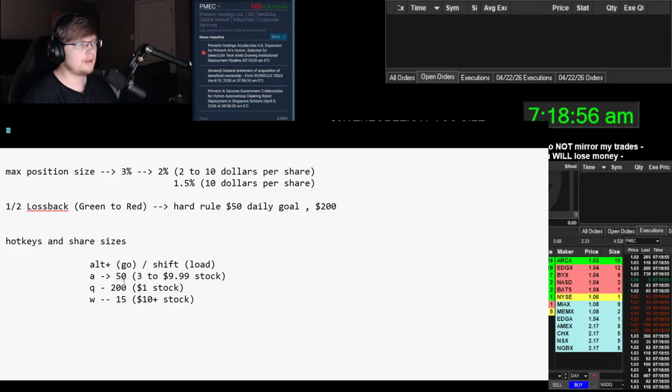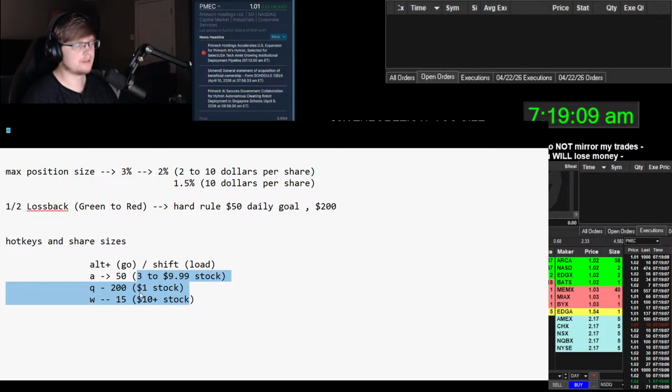So $2 stocks don't often go up 50 cents or 40 cents. Usually they still go up only like 20 to 25 cents. So your position sizing for 2s is a little bit peculiar because you're not expecting it to move as much. So your stops also have to be a little bit lower, in which case your maximum size is different.